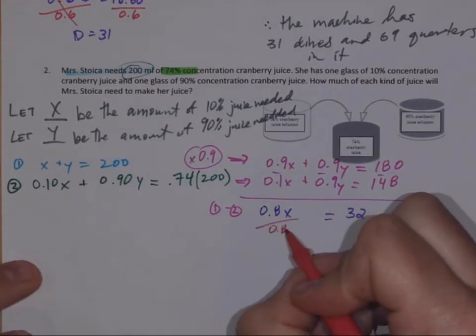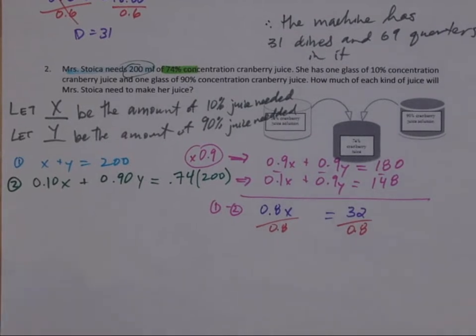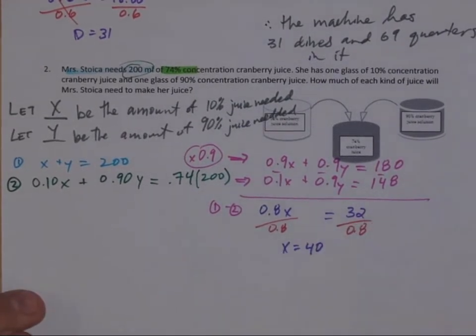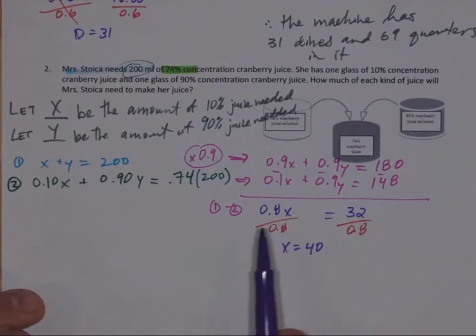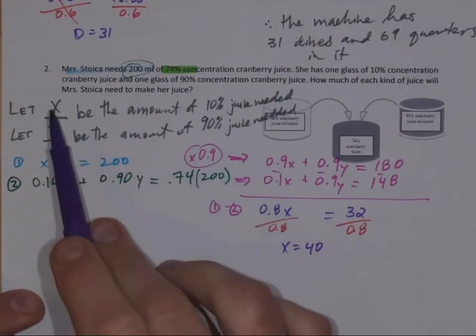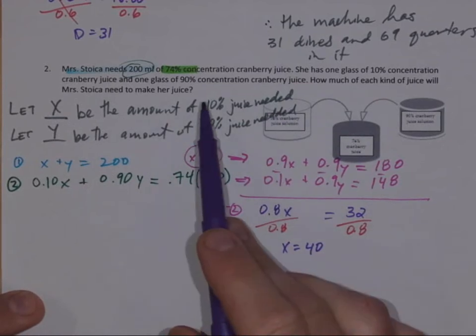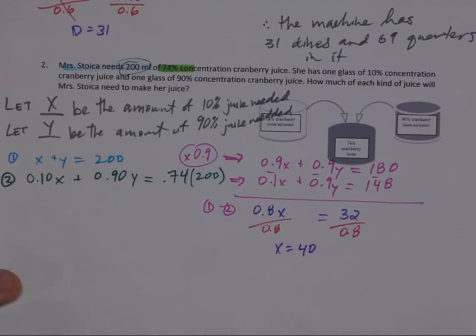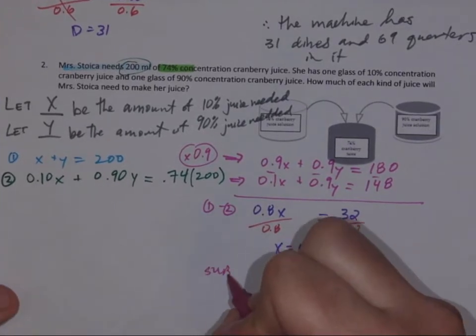Solve for our unknown. Again, what does that represent? That's how many milliliters of the 10% concentration juice we're going to use to make our full mixture. Show the math, even though you should be able to do this in your head.